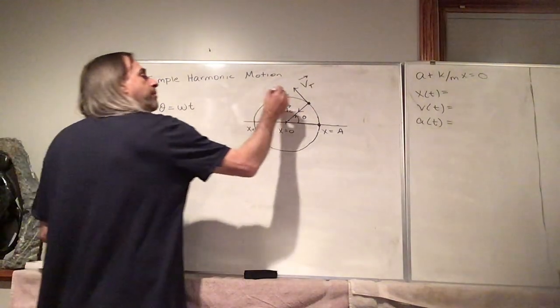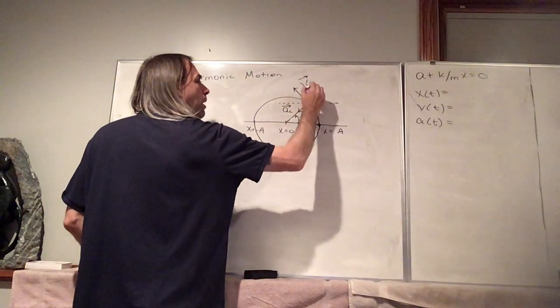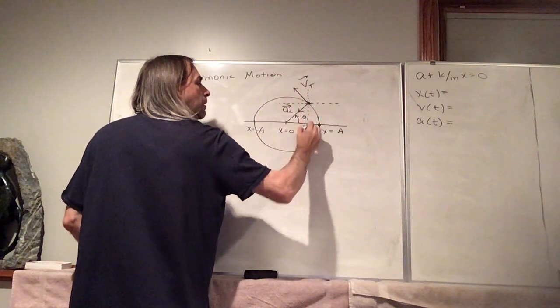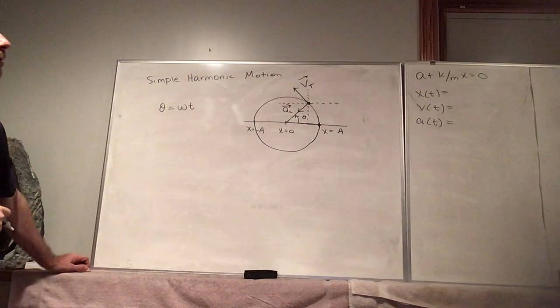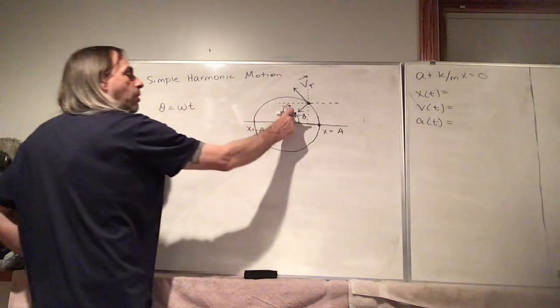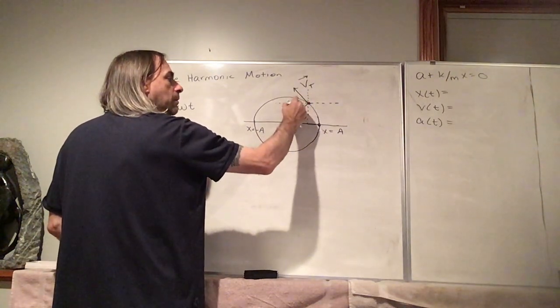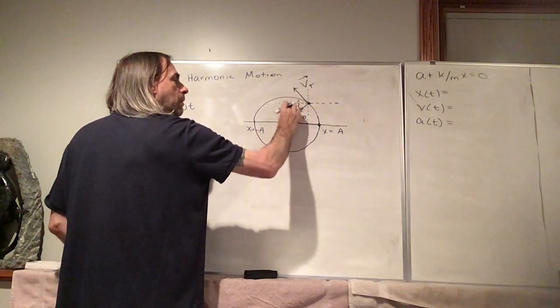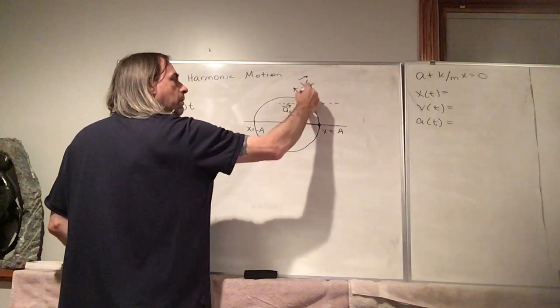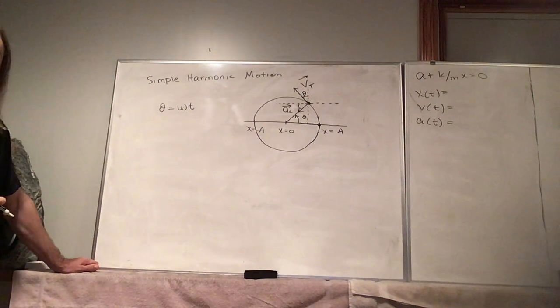That'll be good enough. And so what I'm going to do is draw these lines parallel to the x and y axes. And so if this angle's theta, that would make this angle theta, and this angle theta as well.